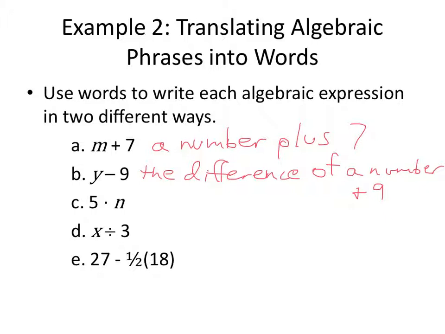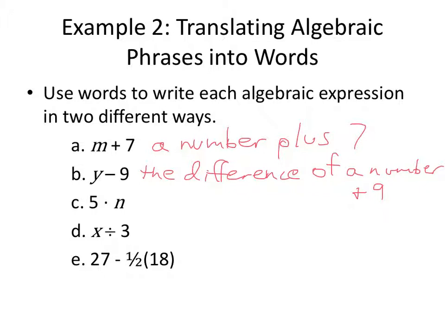You could say 9 less than y, and there's just different ways that we could write this in a word phrase. Letter C, you have 5 times n. You might say the product of 5 and a number, for example. Letter D, you might say the quotient of x and 3, or x divided by 3, or 3 divided into x. Those would all be examples of how we could write that out using a word phrase.